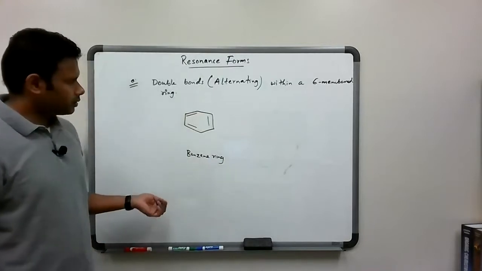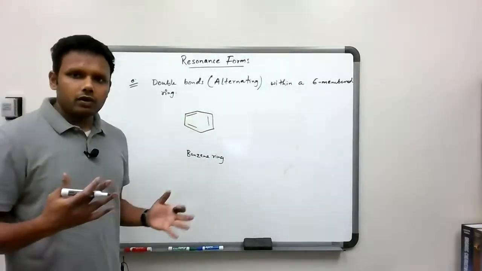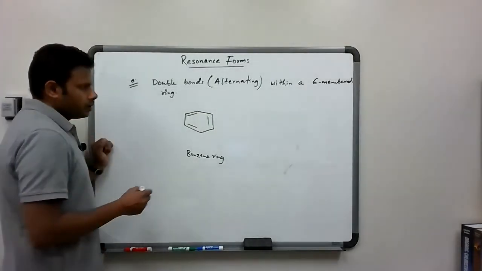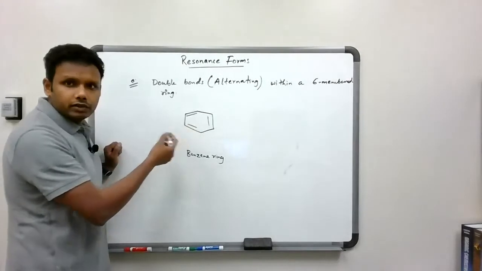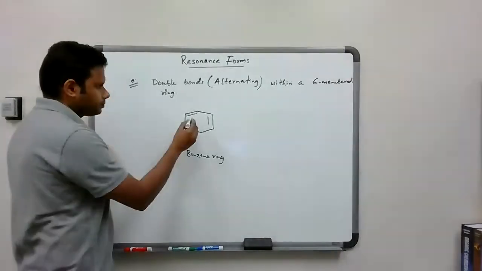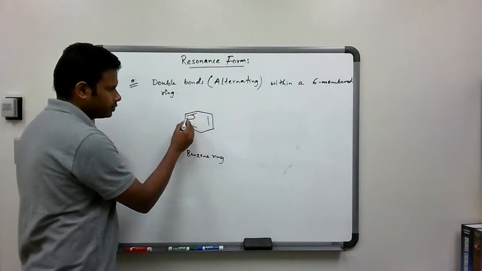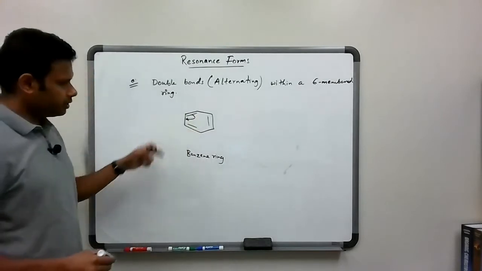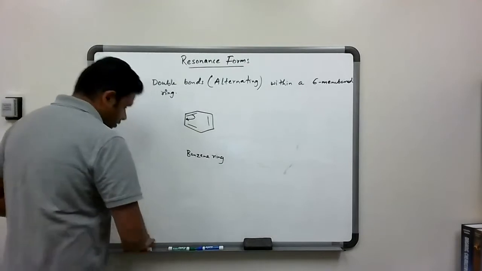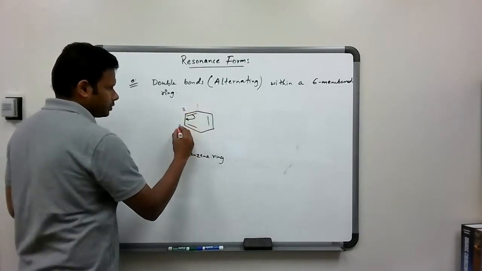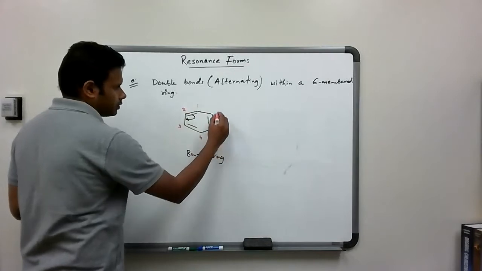In a scenario like this, again, keeping the octet rule and connectivity in mind, you can start with any pi bond. Let's say I start with this pi bond and push it to the space between the other carbons. I'm going to number the carbons here: 1, 2, 3, 4, 5, and 6.